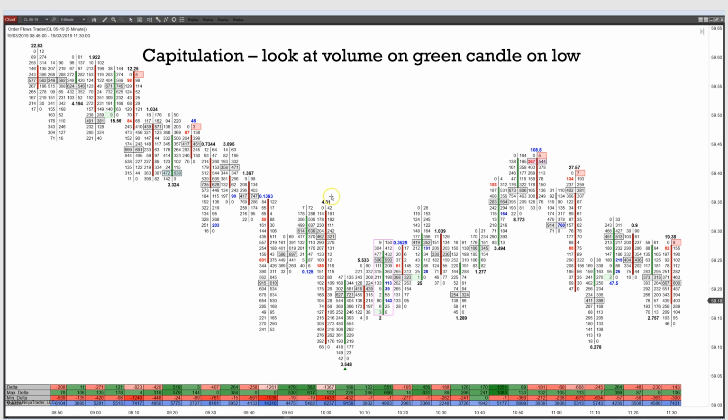Okay, look at the volume on the green candle on the low, 9,000. It's a nice healthy volume. Now notice you got your capitulation here, then you just sort of go sideways, and then you get another big push down on, again, healthy volume. Now what's interesting is this big push here, 14,000.